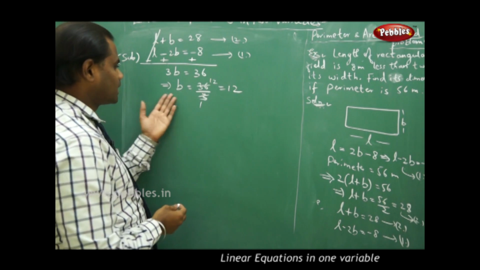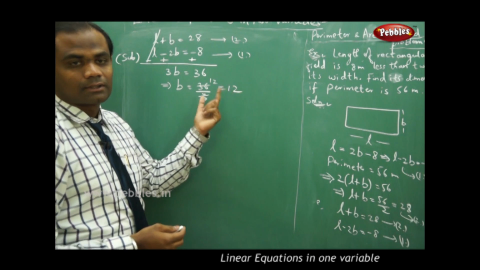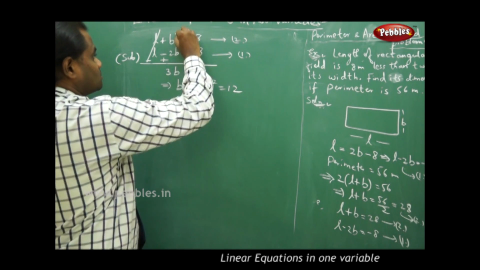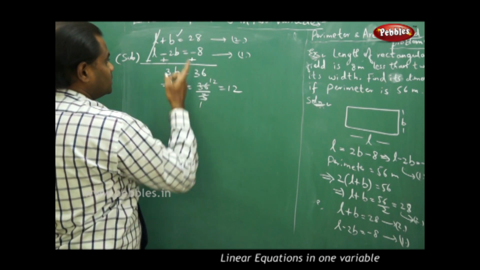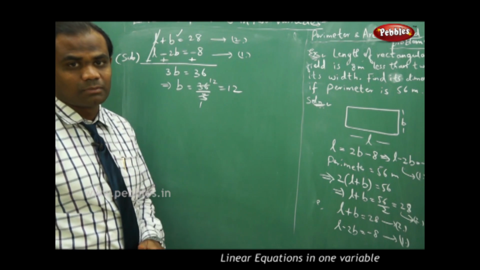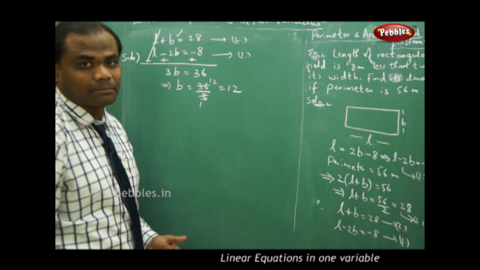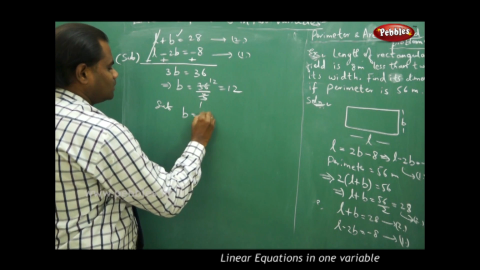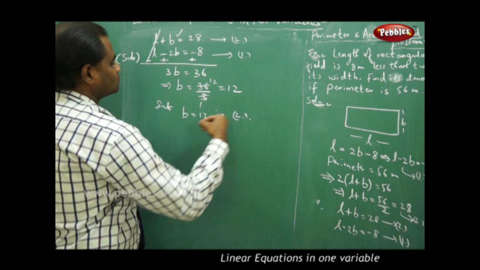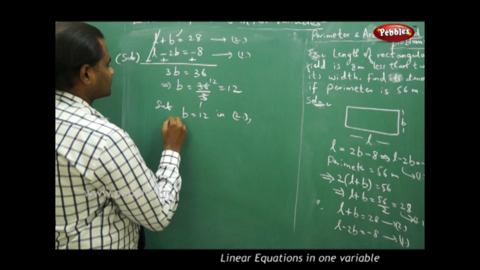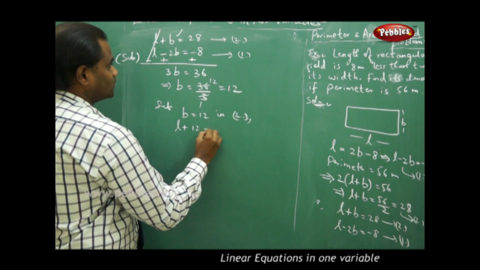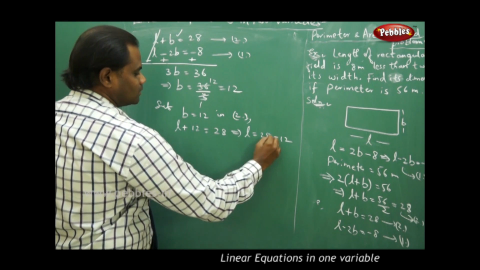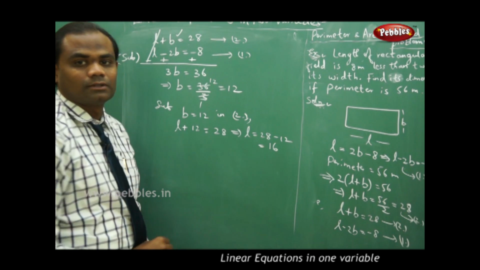So my width of the rectangle is identified as 12 meters. Then I substitute into the simpler of these two equations, because my simplification process doesn't take more time. Substituting B equal to 12 in equation 2, I get L plus 12 is 28, so that L is 28 minus 12, which comes out to be 16.